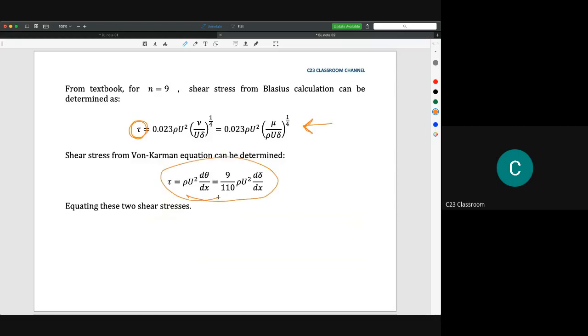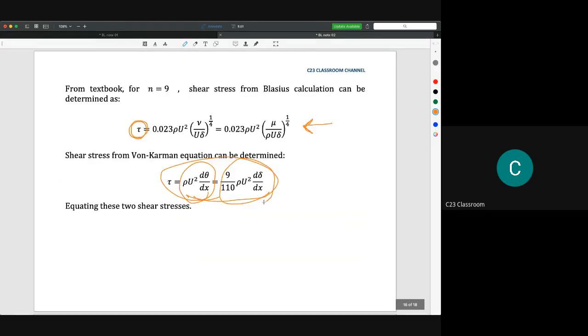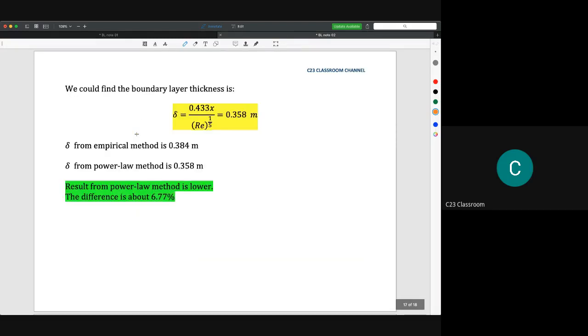So rho u square d theta dx equalize with this one, and you will get 9 over 110. Then we equate these two equations, meaning the shear stress from the von Karman and also the shear stress from the Blasius here. And then we get delta is 0.433x. We substitute the value of Reynolds number, so we get 0.358 meters.